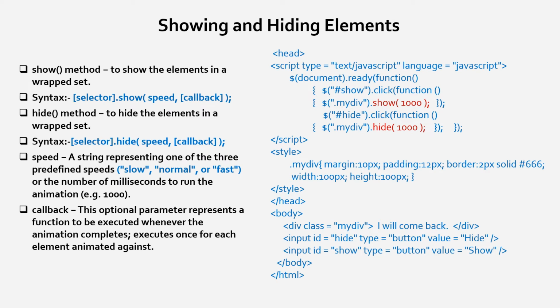Now we are going to discuss a small program for the illustration of show and hide methods. Before discussing the program, let me see the syntax of both show and hide methods. The syntax is like this. First we need to specify the selector, then show. Within brackets you need to specify speed and callback.